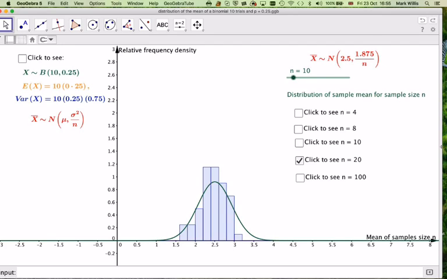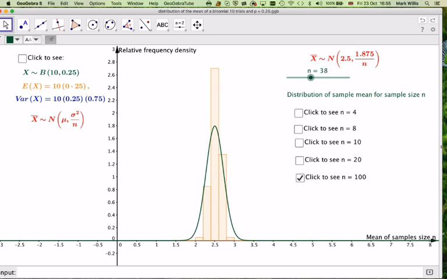When n is 20, looking normal, and when n is 100, move that right to the end, you can see that it fits fairly well. What we had to do is arrange it so that the area underneath the bars was equal to 1, hence it's a relative frequency density taken from the sample means.